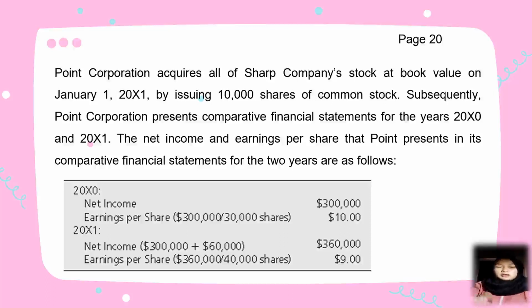That means 300,000 plus 35,000. Note that if the shares are issued in the middle of the year, the weighted average shares used in the EPS calculation would change as well.